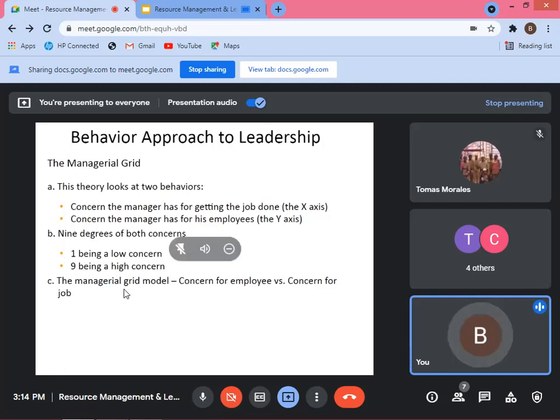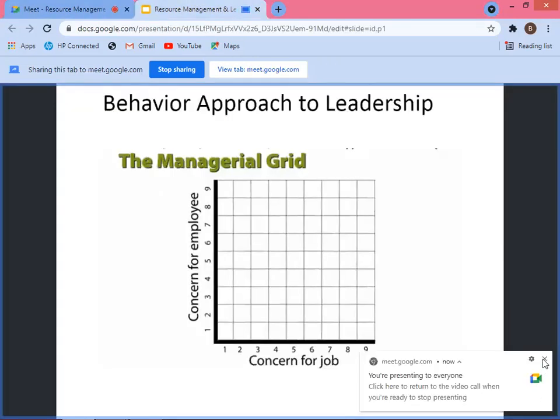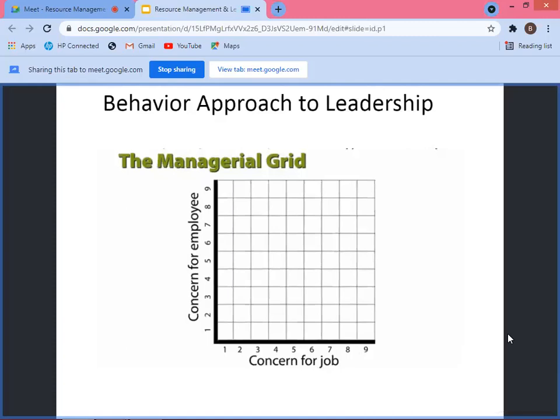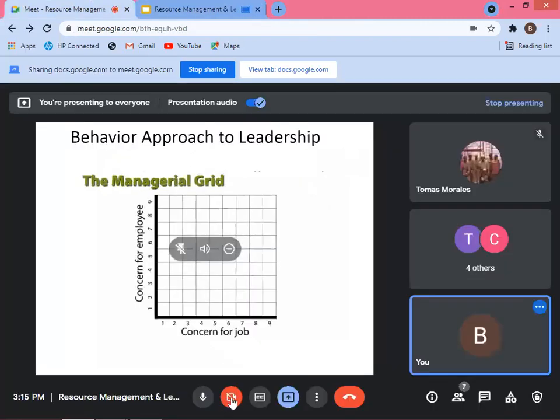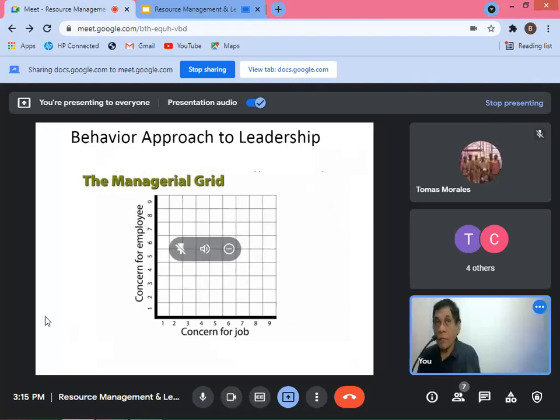So the managerial grid model covers concern for employees and concern for the job. So this is the managerial grid. The X-axis is concern for the job, on a 1 to 9 scale, 9 being the highest. And concern for employees is 1 to 9 on the Y-axis.